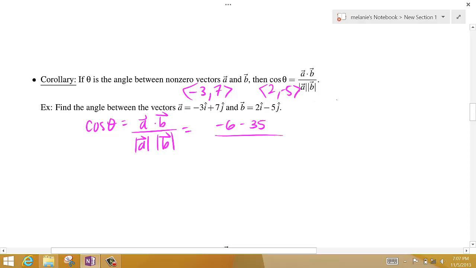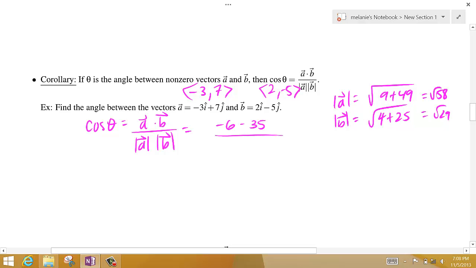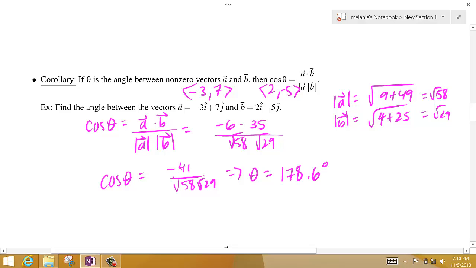And the magnitude of A is what? 9 plus 49, which is the square root of 58. We'll do a decimal approximation shortly. Magnitude of B is what? 4 plus 25, square root of 29. So square root of 58 times the square root of 29, and negative 6 minus 35 divided by that, gives 178.6 degrees.